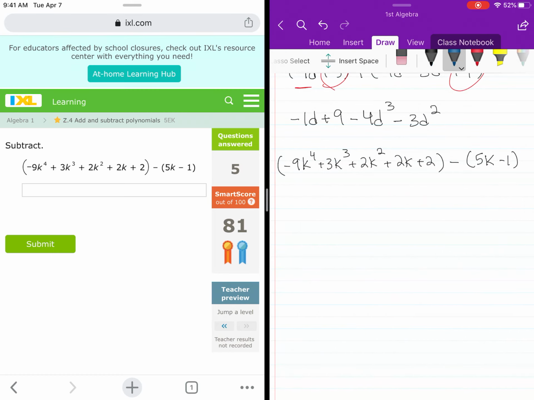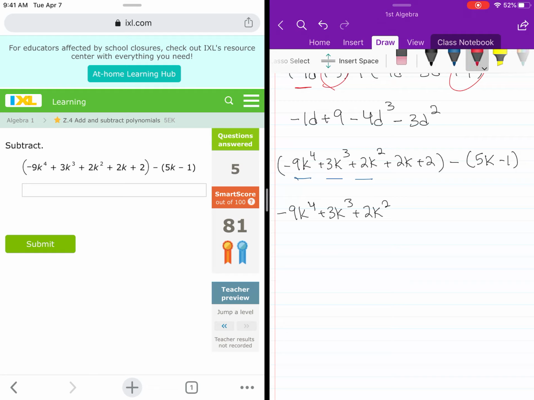So if you notice on this one, there's only one exponent 4, there's only one exponent 3, there's only one exponent 2. So those are going to stay the same. They are not going to change because there's nothing to change them with. So negative 9k4 plus 3k3 plus 2k2.